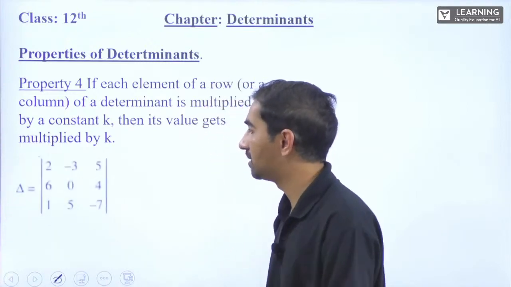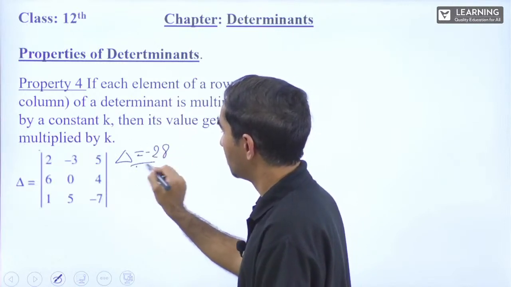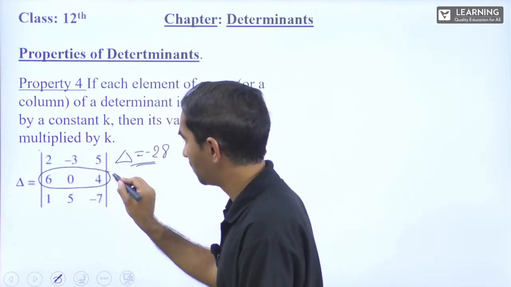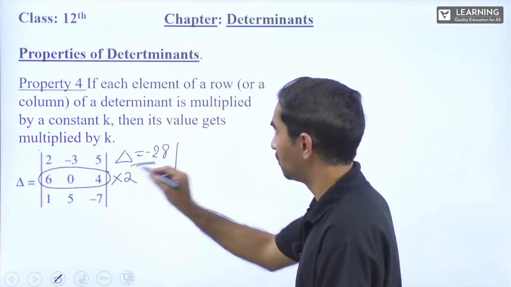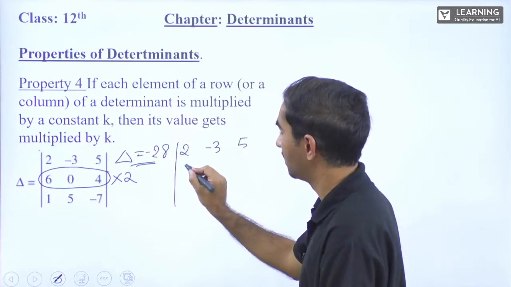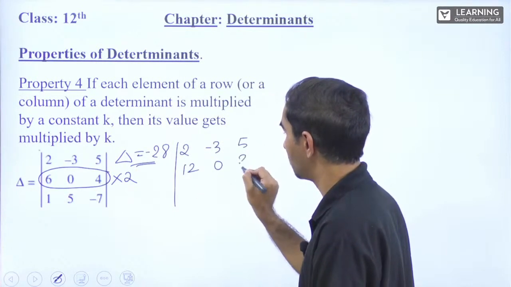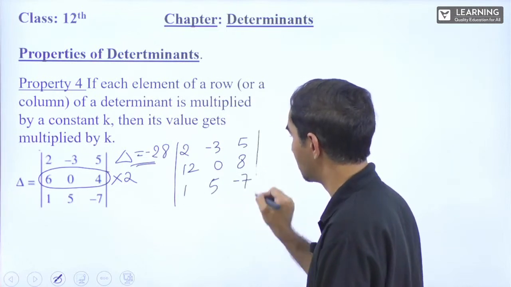Same example we'll consider. Delta is equal to minus 28, we got already. So we will multiply this row with 2. The new determinant we are getting is 2, minus 3, 5, 12, 0, 8, 1, 5, minus 7.